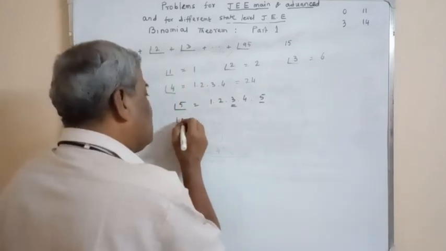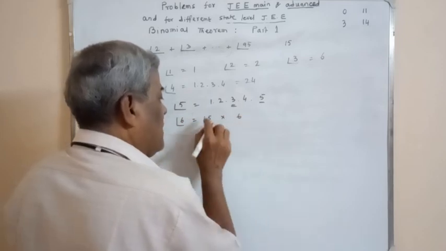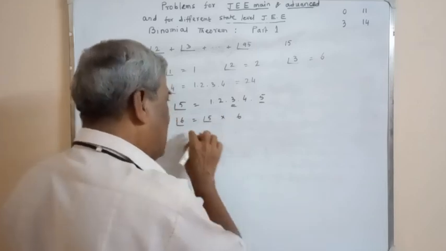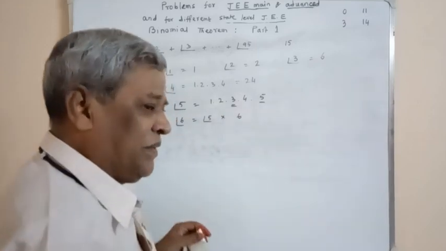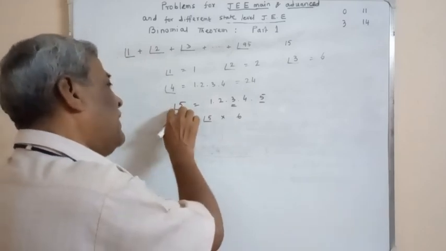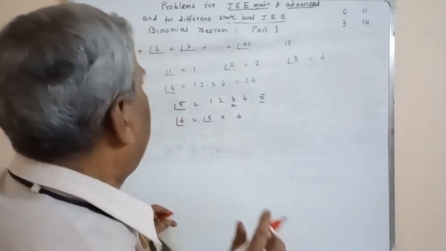Next one, factorial 6. It is factorial 5 into 6. Because factorial 5 is divisible by 15, this is also divisible by 15. So all terms after factorial 5 are divisible by 15.